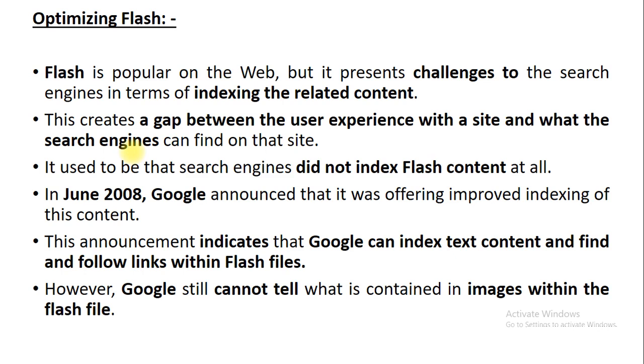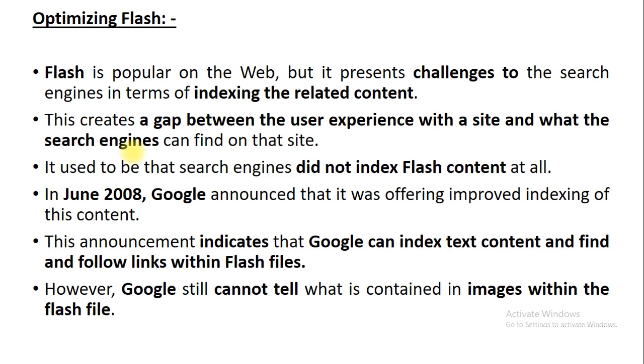It used to be that search engines did not index Flash content at all. But in 2008, Google announced that it was offering improved indexing of this kind of content. So nowadays it is possible to get indexing or ranking on Flash content, but we cannot say that Flash content can be fully identified by the crawler.